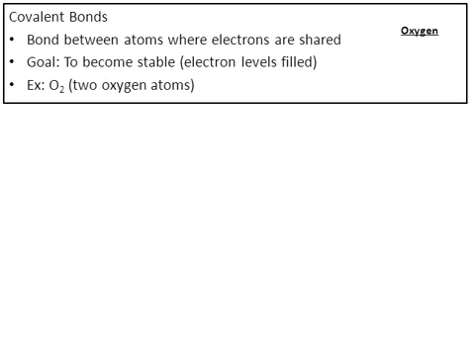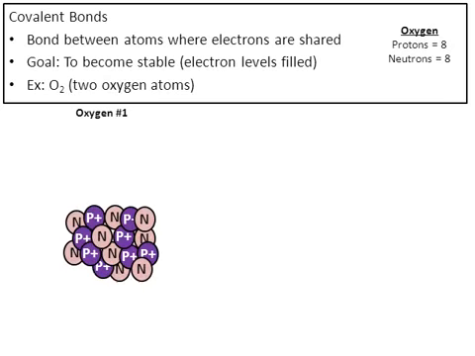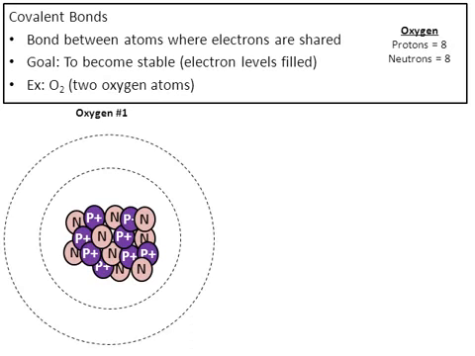So let's look at oxygen. From the periodic table, it's got 8 protons, it's got 8 neutrons. So let me draw oxygen number 1. I'll get to oxygen's electrons in a moment. In the nucleus of oxygen number 1 are going to be 8 protons and 8 neutrons. I'm also going to draw the electron levels around the nucleus, and now I can tell you that oxygen has 8 total electrons.